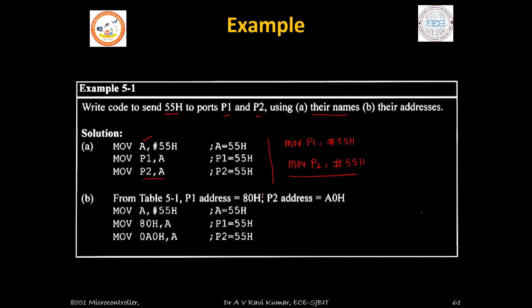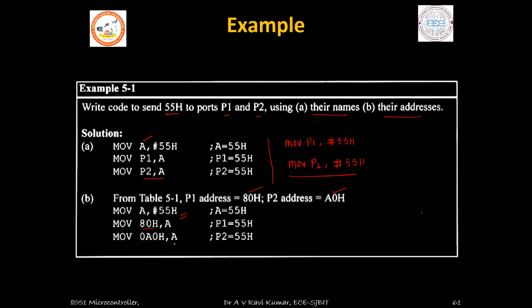In the second method, the addresses are to be mentioned, so I require the addresses of P1 and P2. From the table I came to know that the P1 address is 90H and P2 is A0H, so I can write the value into 90H as well as A0H. MOV A, #55H: I move the value into the A register, and from the A register to the P1 address held by 90H.